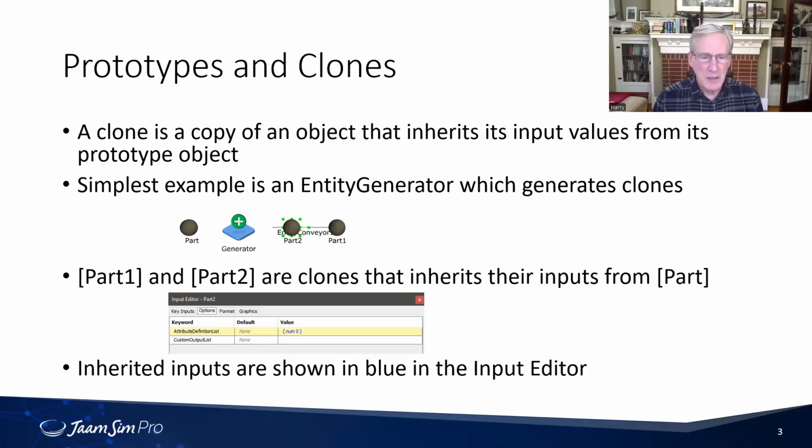So, for example, in this little graphic, you see part one and part two, the clones, and if you look at their attribute definition list, you see they've defined an attribute num, and that attribute definition is inherited from the parent, and is shown in blue in the input editor to remind you that it's an inherited property.